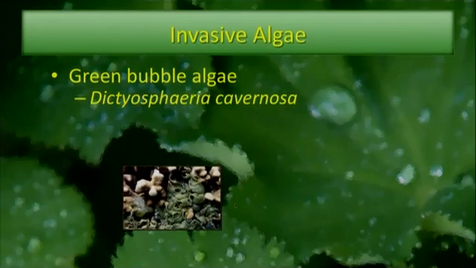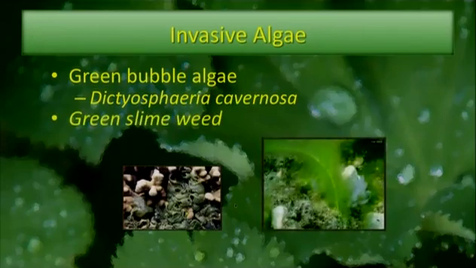They're a hollow series of bubble cells, and people call it green styrofoam. Dictyosphaeria cavernosa, like the other algae, tends to bloom or grow prolifically, especially with eutrophication, where you have a lot of nutrients running into the water in the bay there.